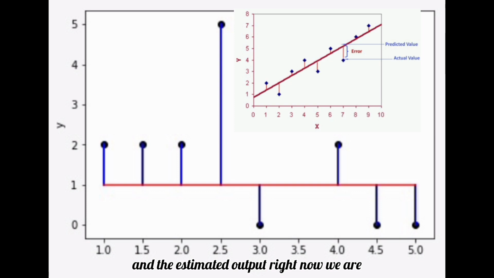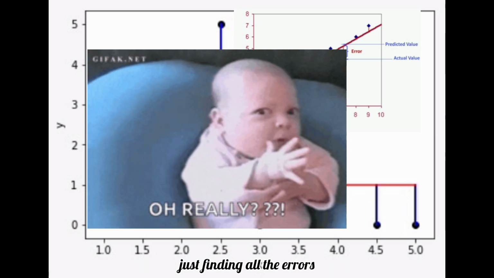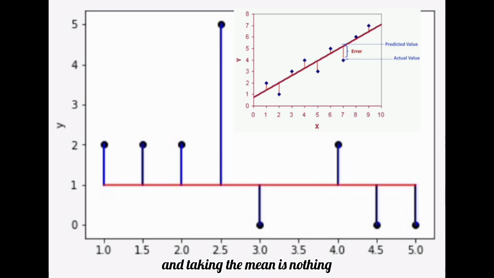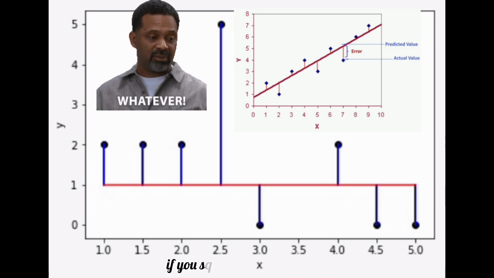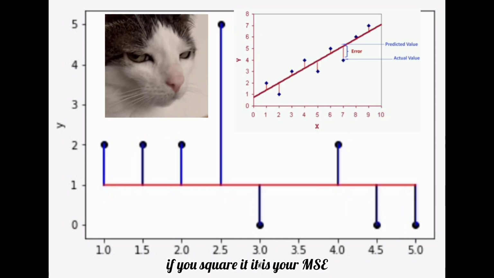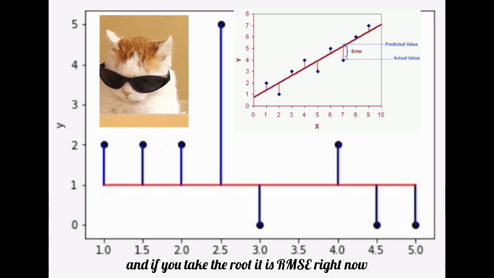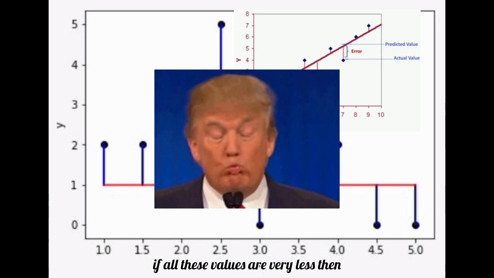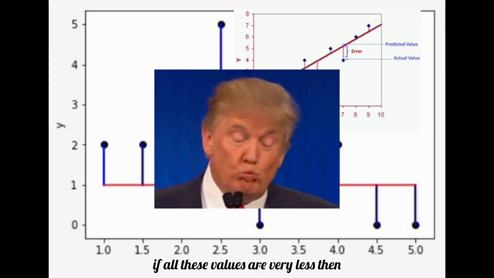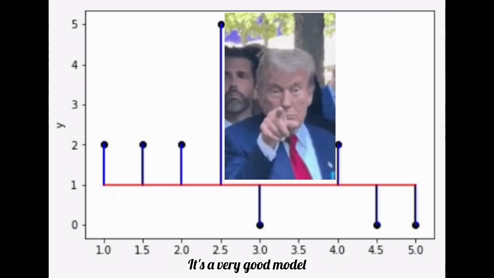Right? Now we find all the errors, and taking the mean is nothing but your MAE. If you square it, it is your MSE, and if you take the root, it is RMSE. Now, if all these values are very small, then it's a very good model.